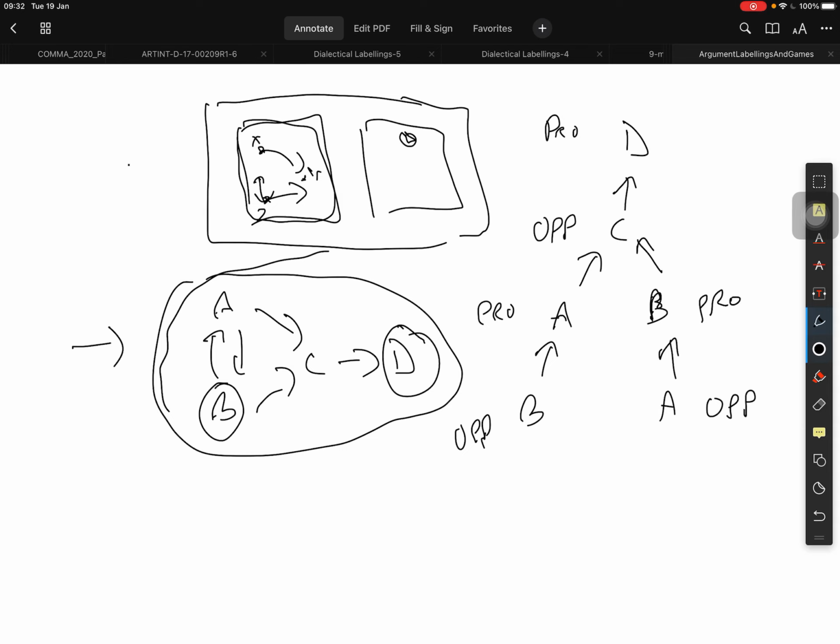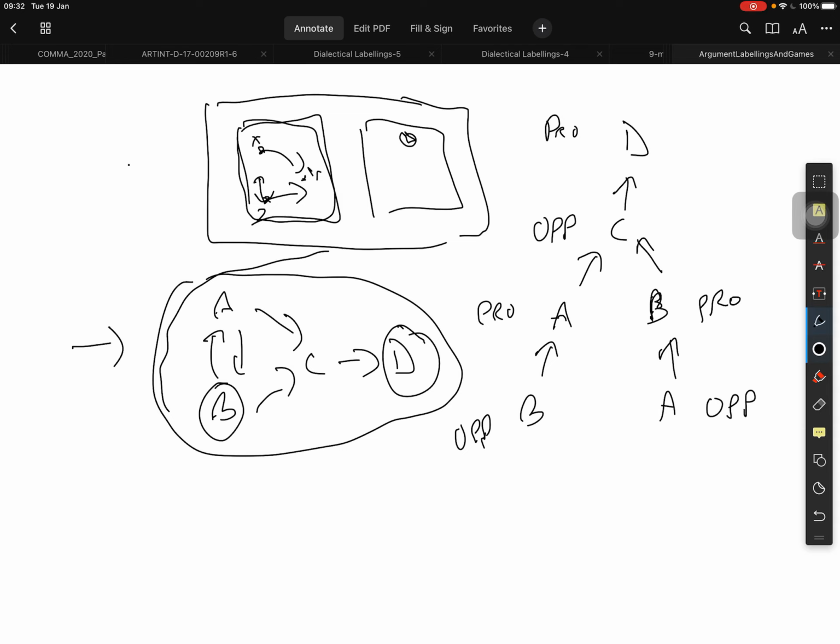So proponent and opponent can exhaustively backtrack and try alternative moves subject to these non-repetition rules.